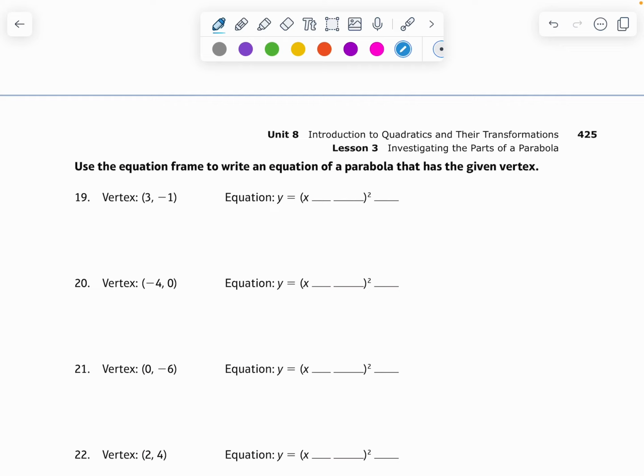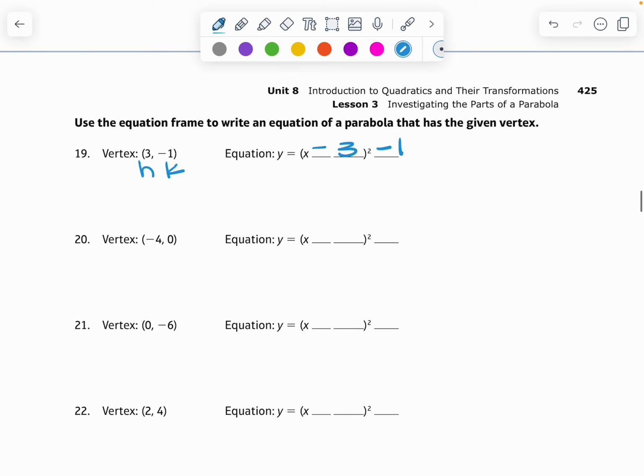So if our vertex is 3, -1, that is our H, that is our K. So I'd put -1 here. I'd put a 3 here. And don't forget that the formula always has a minus in there to begin with. All right. So this would be, oh, nothing over here, plus a big nothing. I wouldn't even include that normally, +4.